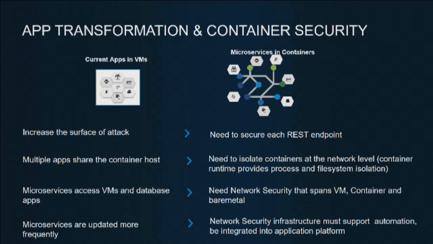Last but not the least, what was most important is these microservices are more dynamic in nature, right? So you're trying to update these applications all the time. So the security infrastructure that you're looking for these modern applications also needs to enable automation, right? So as you deploy an app, you're looking to update the application and update the network security.